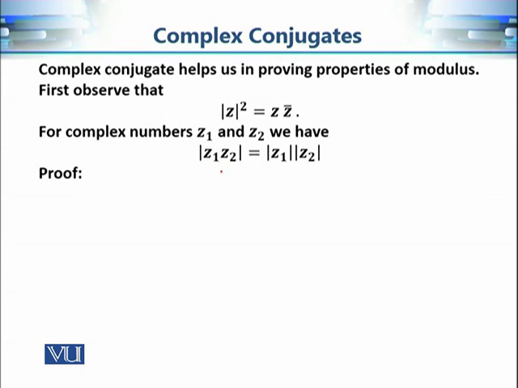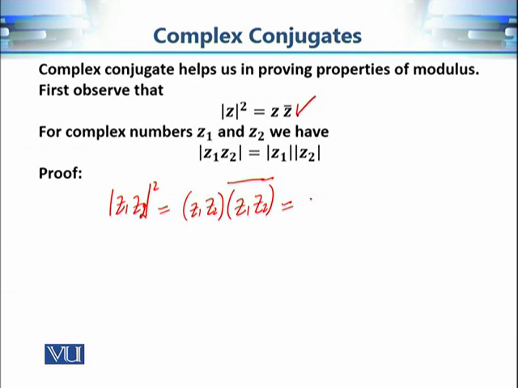For example, we can prove that the modulus of the product of two complex numbers is in fact the product of the moduli of the two complex numbers. To prove this property, we observe that the square of the modulus of z1 z2 can be calculated as z1 z2 multiplied with the conjugate of z1 z2, using this property.